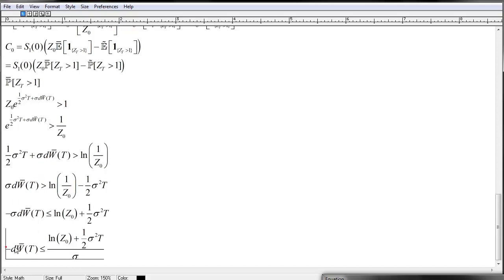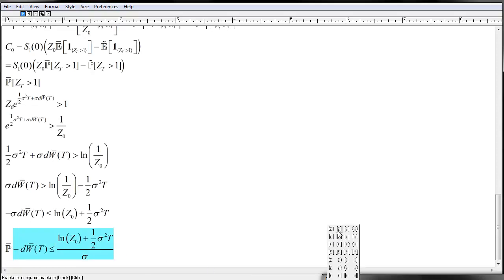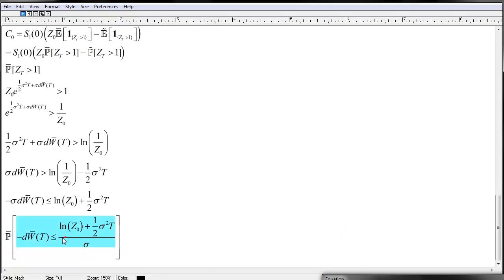Notice that we are in fact solving the probability of this event. But what's the distribution of this, or the whole thing in here? Well, the distribution is by definition normal, with zero mean and variance t.